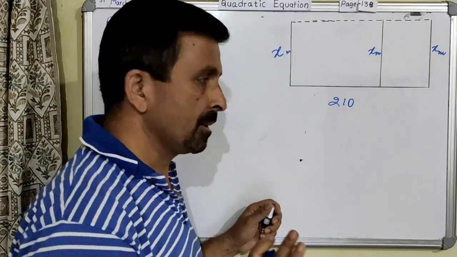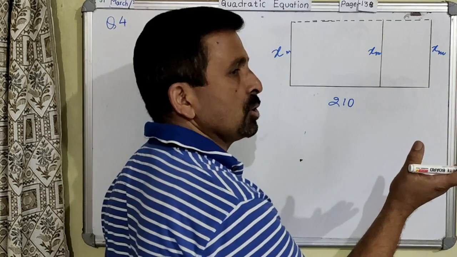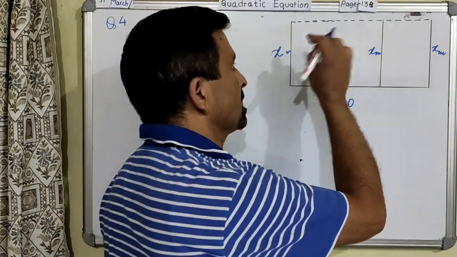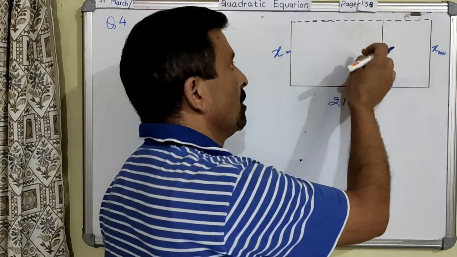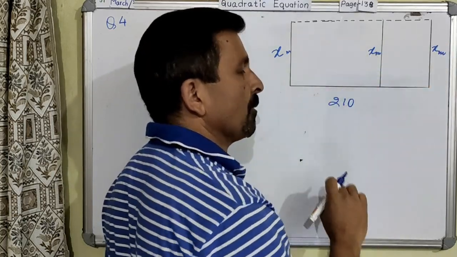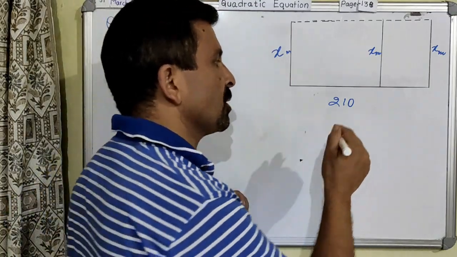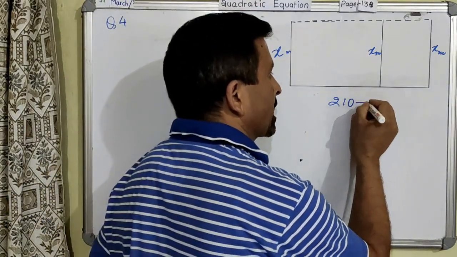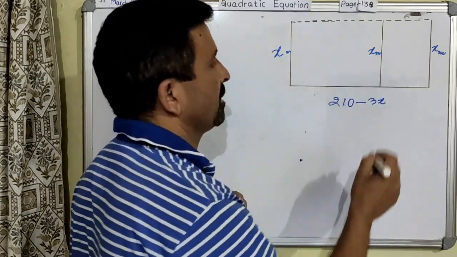Are you getting me? So from this 210, how much length is used? This plus this plus this. x plus x plus x meters of fence is already used. So from the total length, we will subtract the length that is used. So we will write here 3x.